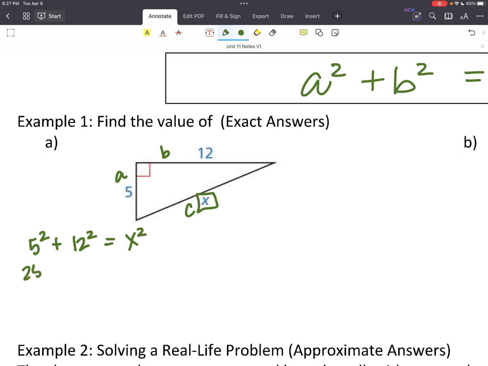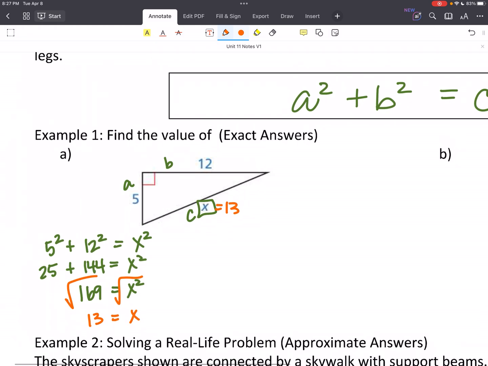So 25 plus 144 is x squared. We get 169. Then when we take the square root of both sides, x is equal to 13. So the side length of this one is 13.